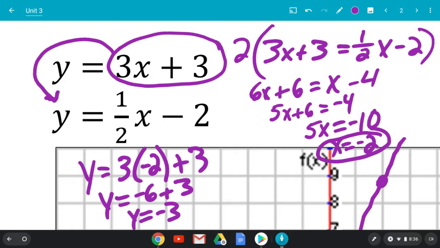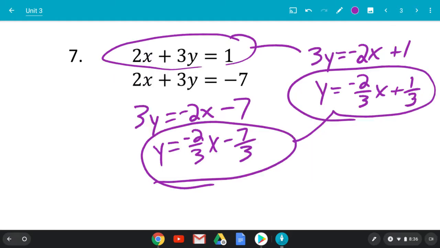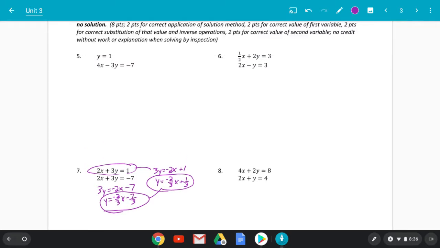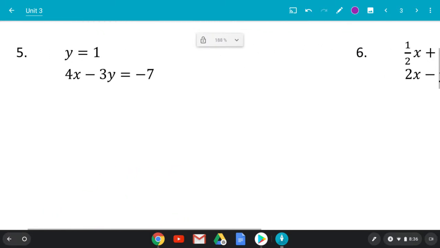Substitution method. Cool. Let's see if I can find an equation that's set up beautifully for elimination. Oh, look at number 5. What's 5 set up for? Substitution. I want to do it again just because this is fun. What do I substitute this 1 in for? The y in the other equation.